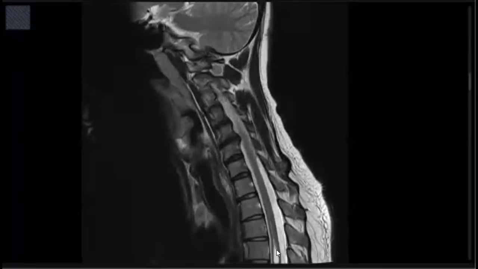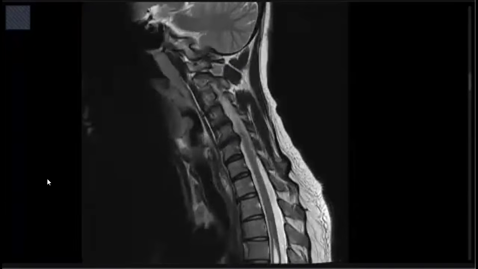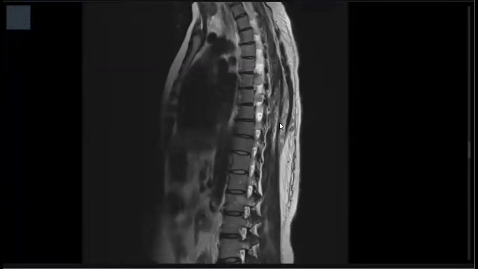Most important here, in the upper dorsal, you can count 1, 2, 3, 4, 5, 6, 7, 1, 2, 3. So it is in the upper dorsal. We have to complete the study to involve the dorsal spine.